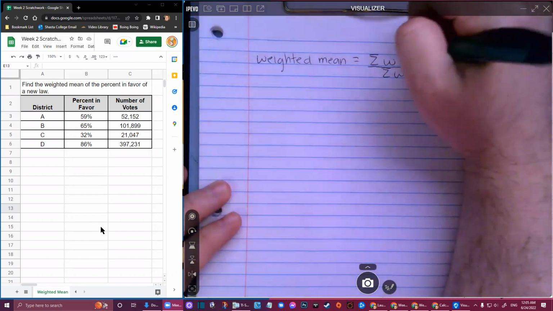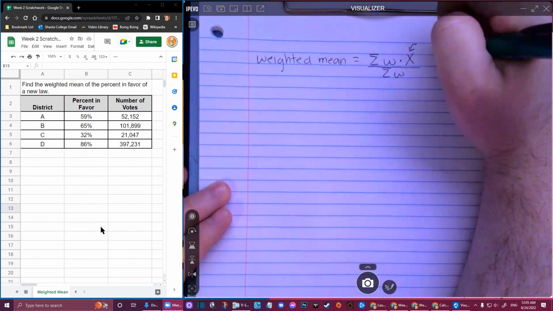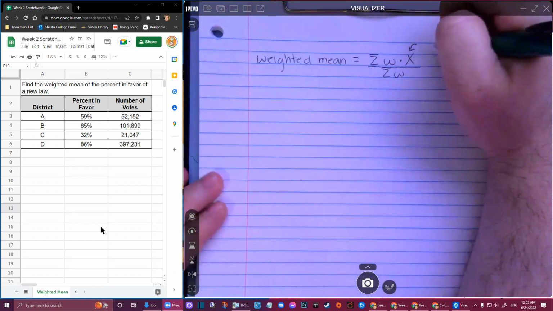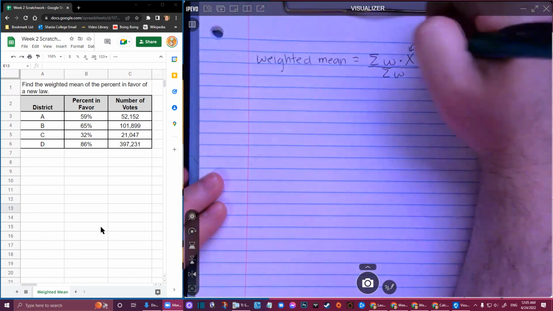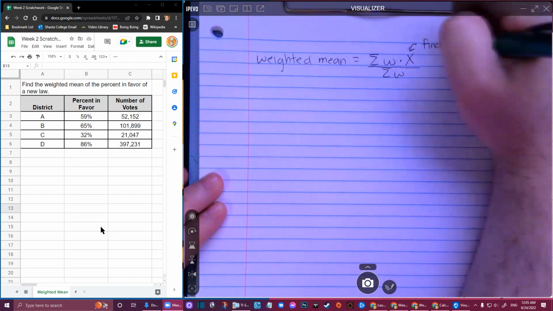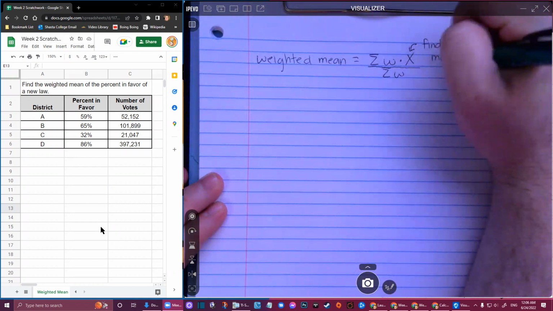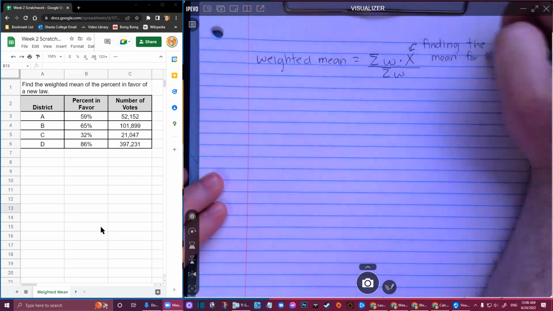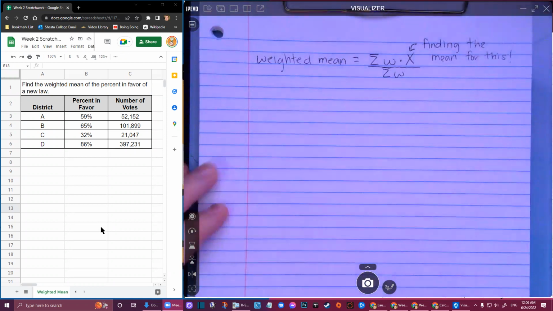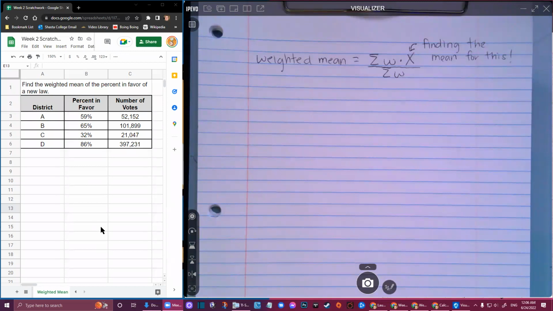The data values are the thing that we're finding the average or the mean for. So when we're reading the question, we want to identify what we're finding the mean for. That data is going to be our X values, and then the other column is going to be our weights.